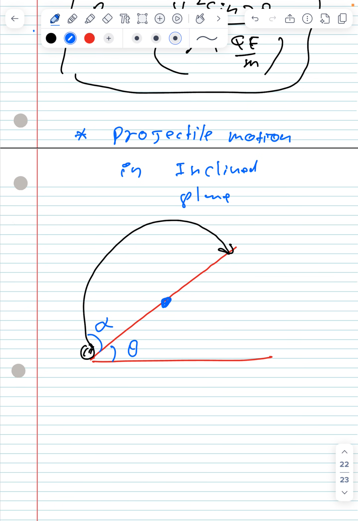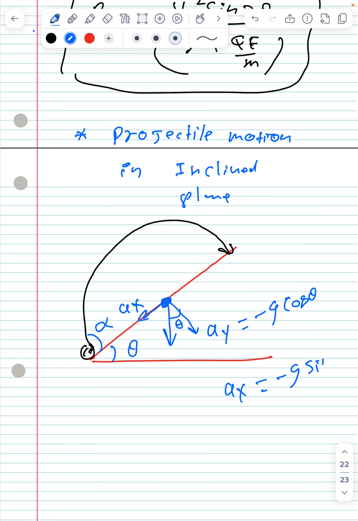This is an inclined plane, and suppose that a ball is projected like this. In this situation, this is the angle of the inclined plane theta, and here is the angle of the projectile velocity.